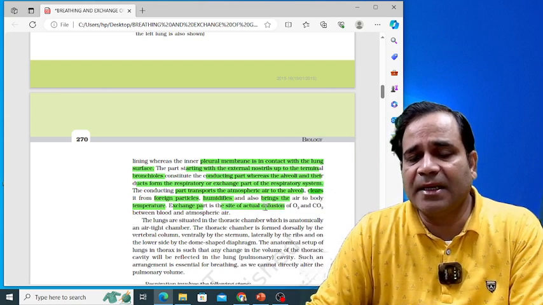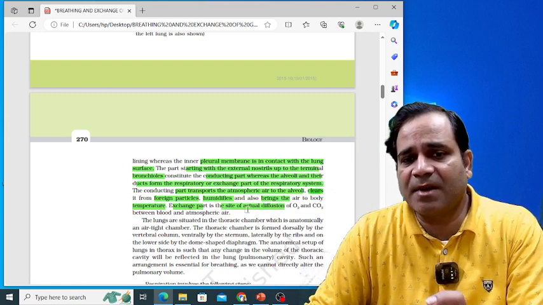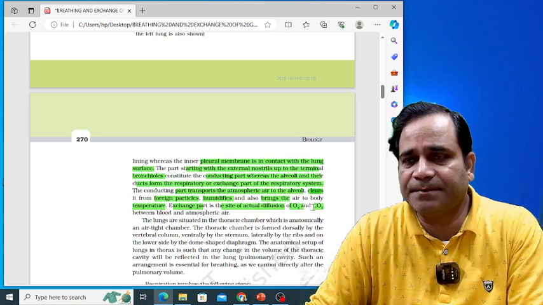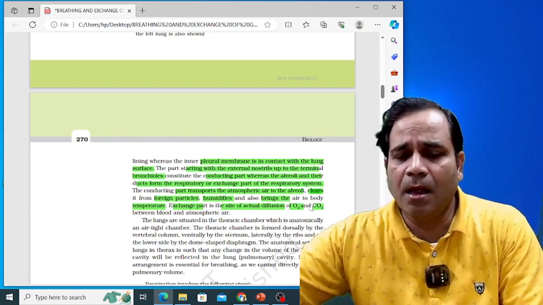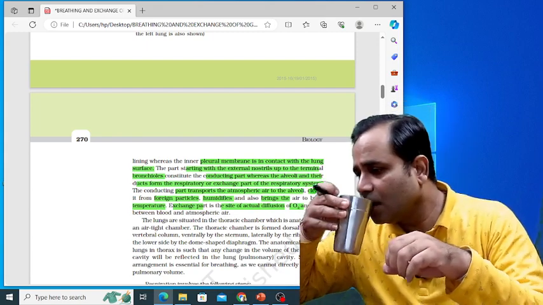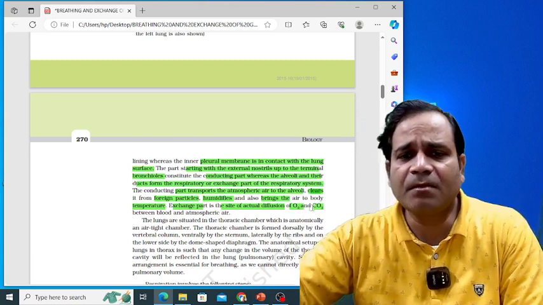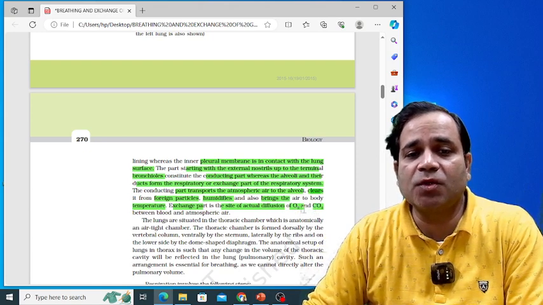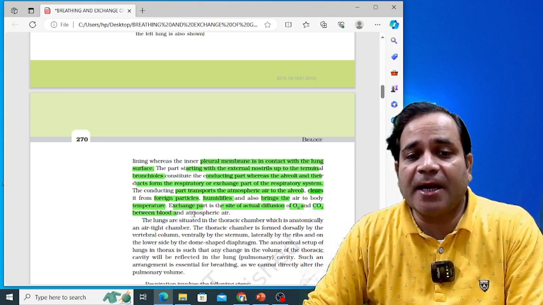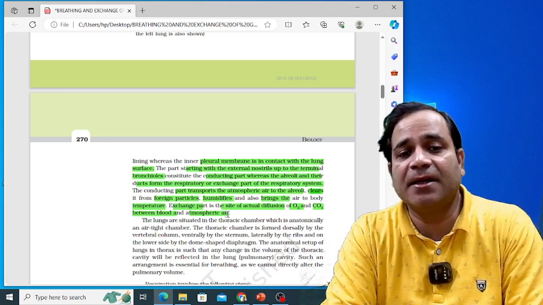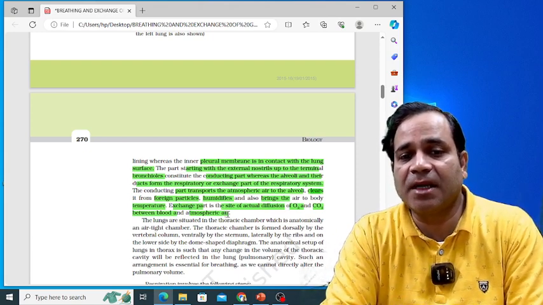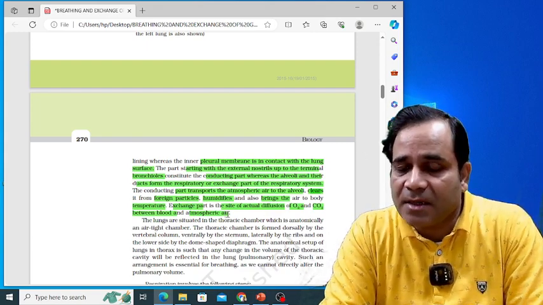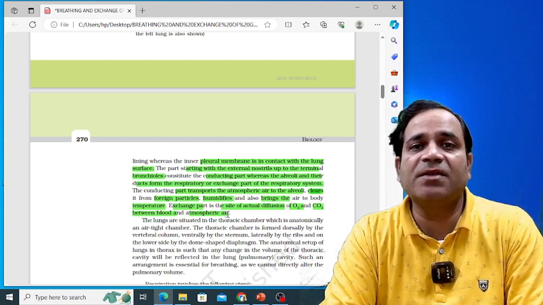Getting my point? The exchange part is the actual diffusion of oxygen and, my dear, carbon dioxide. Now the question is: if I am talking about O2 and CO2 between the blood and atmospheric air, and I say the exchange part is the actual site of diffusion, then which organ is responsible for this?